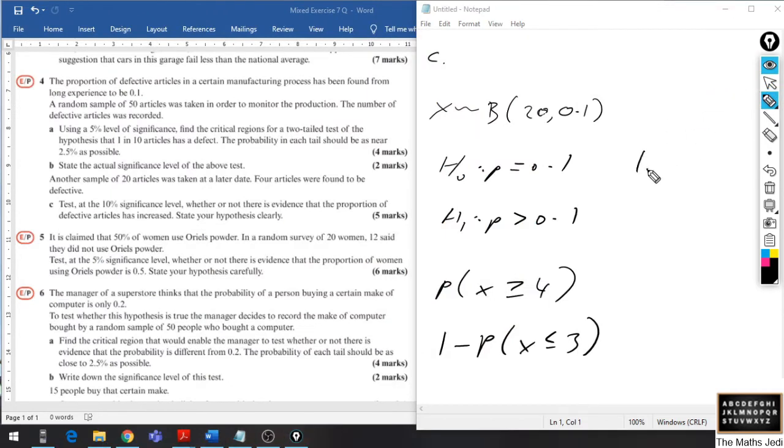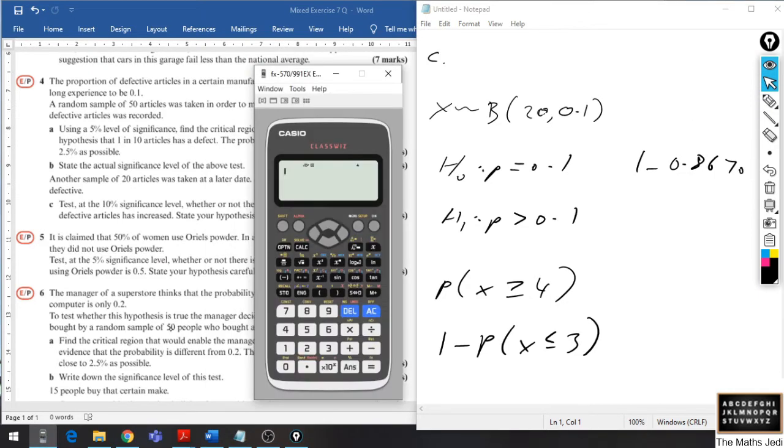So we can do 1 minus the probability of it being 0.8670. Pull the calculator up and do that real quick. And we get 13.3% roughly. And clearly that is more than 10%.